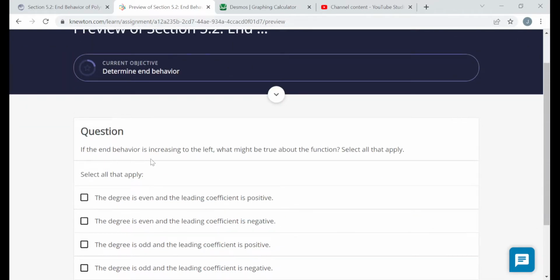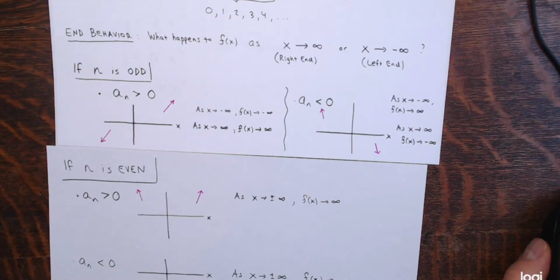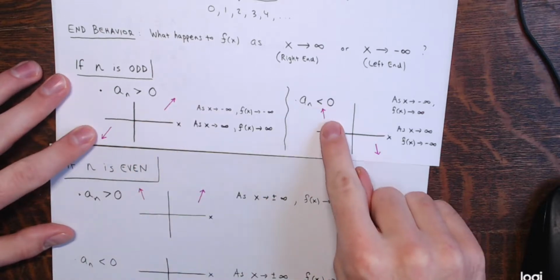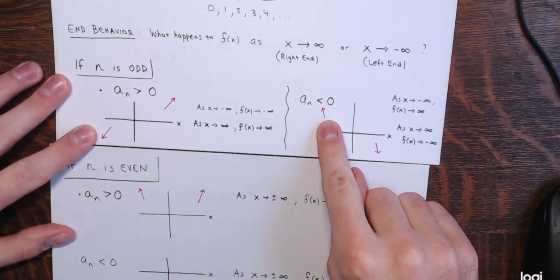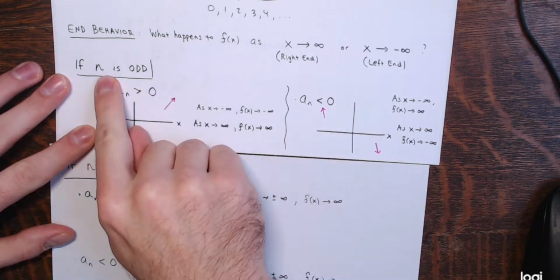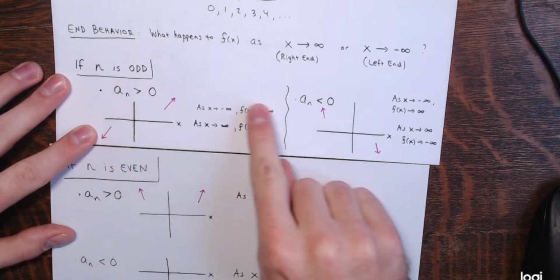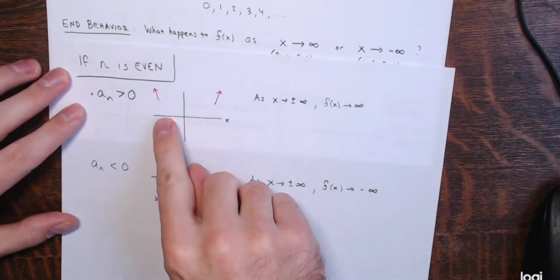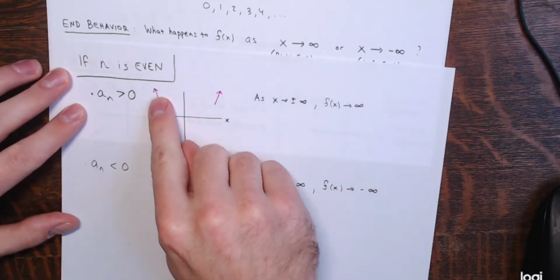All right, so again, if the end behavior is increasing to the left, what might be true about the function? Increasing to the left, going up to the left. So not this scenario, but up to the left. So this one might have an odd degree and a negative lead coefficient, or this scenario is also increasing to the left, going up to the left.